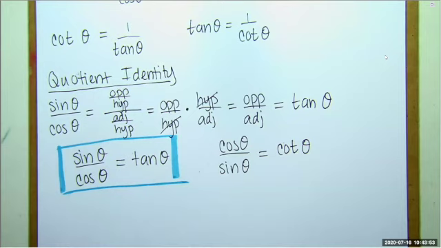Now let's do a problem where we use this quotient identity and some of the other identities we've seen to solve a problem.